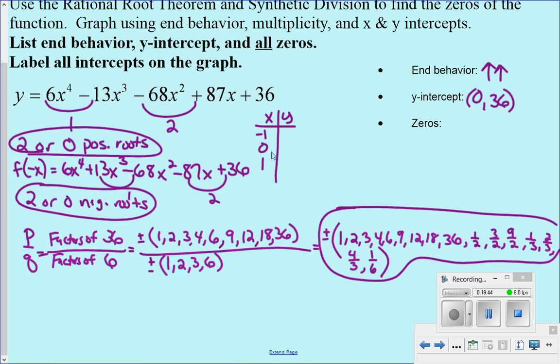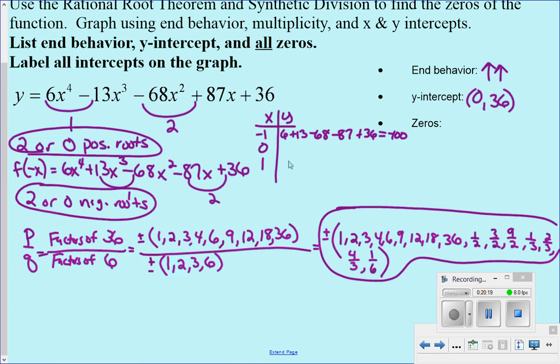Substituting -1 in, -1 to the 4th is 1 times 6 is 6. -1 cubed is -1, -1 times -13 is 13. -1 squared is +1, +1 times -68 is -68. -1 times 87 is -87. And +36 on the end. So if I combine these, I believe I am getting -100.